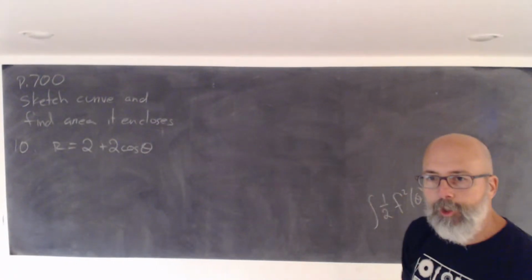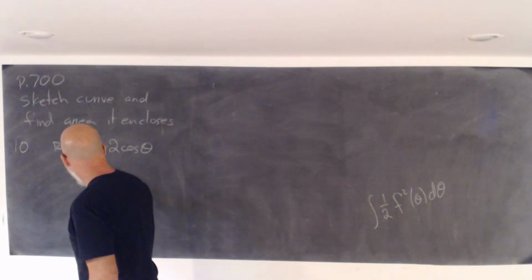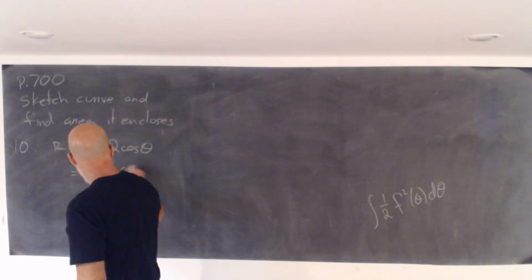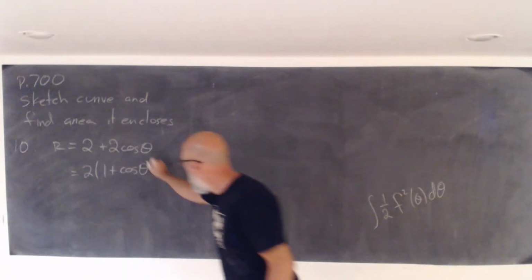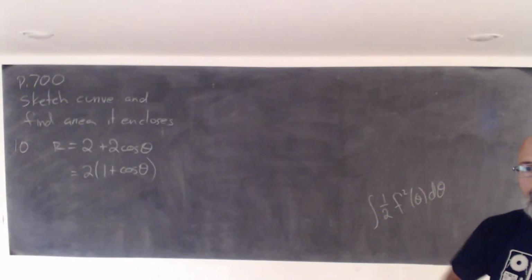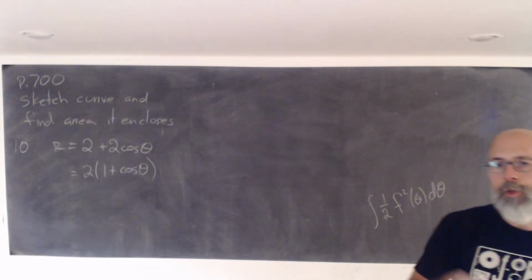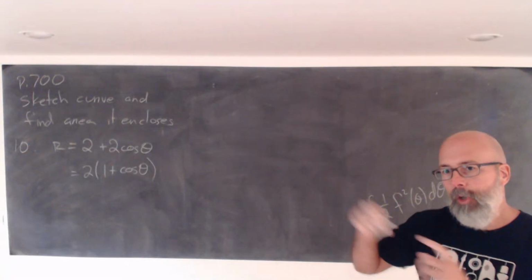All right, let's graph this. Maybe we can simplify it to that. Right, it's really just twice 1 plus cos theta. So if we know what 1 plus cos theta looks like, we can just multiply by 2.